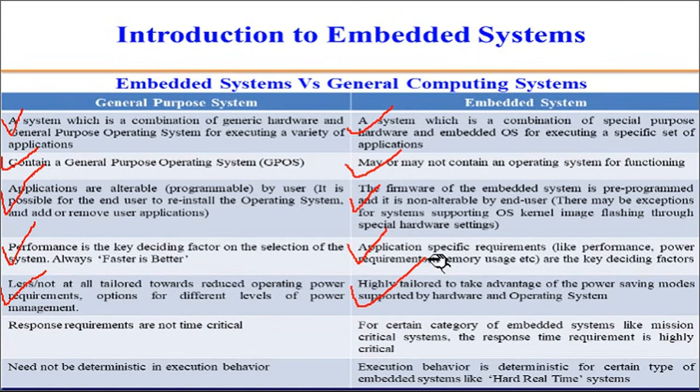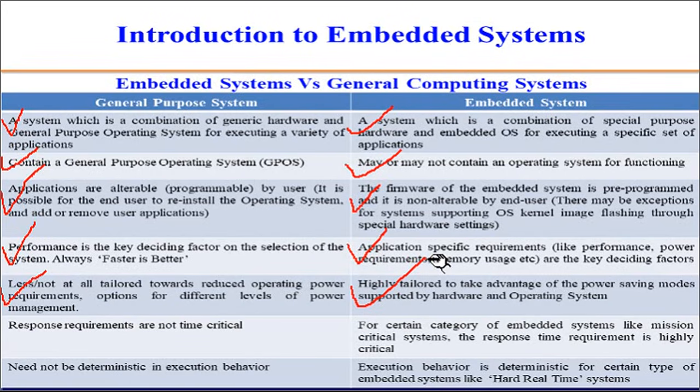Coming to the embedded system, it is highly tailored to take advantage of power saving modes supported by hardware and operating system. Here the embedded systems may run on battery power, or they may have an external supply. If it is running on the battery, it needs to use the power saving mode.